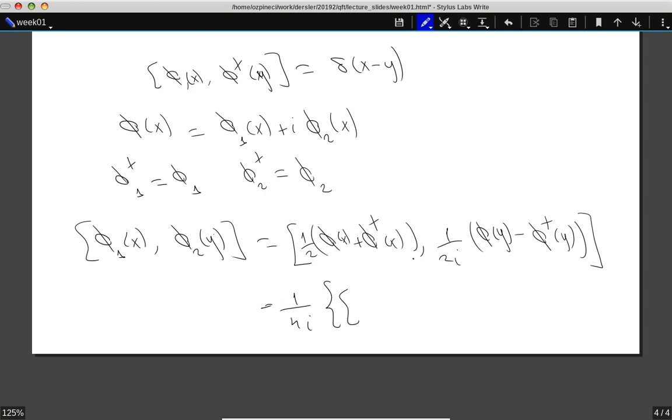Well, phi x and phi y, they just commute. They are both annihilation operators. And so I have minus the commutator of phi x and phi dagger y plus the commutator of phi dagger of x and phi of y.